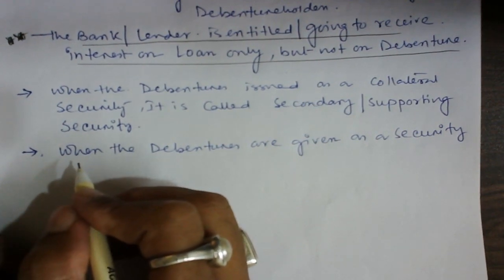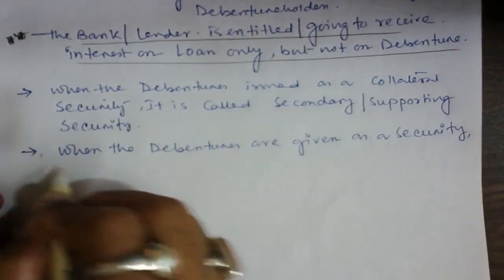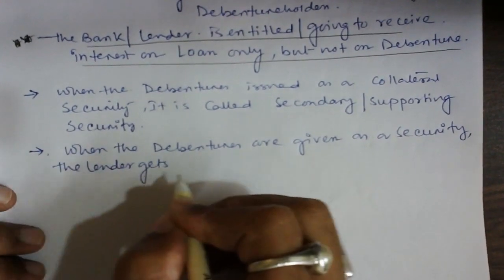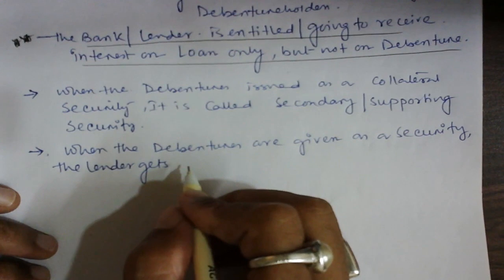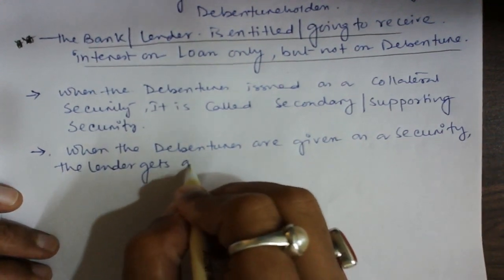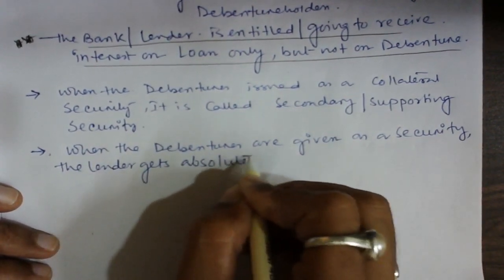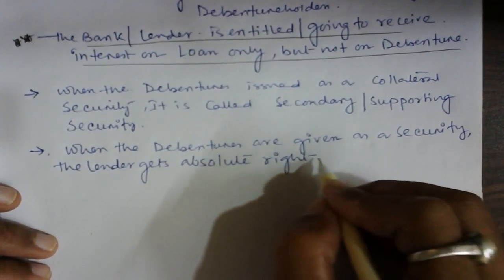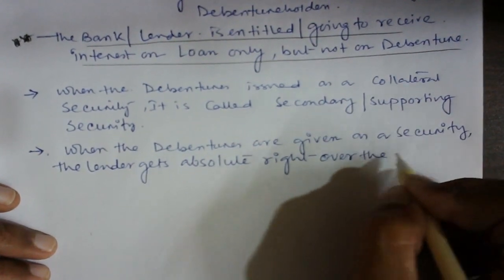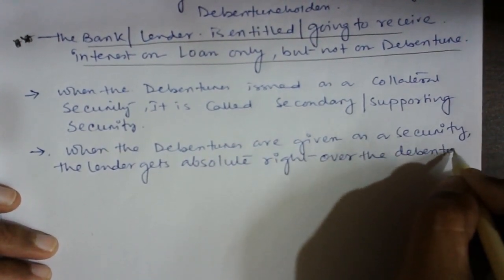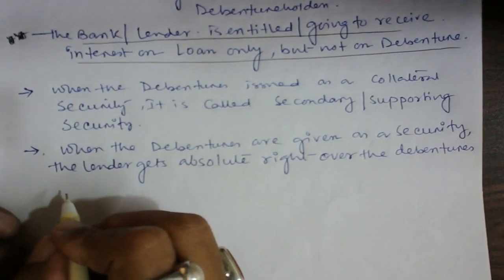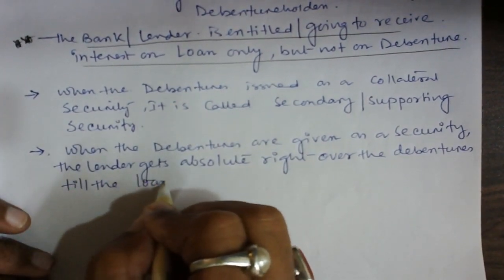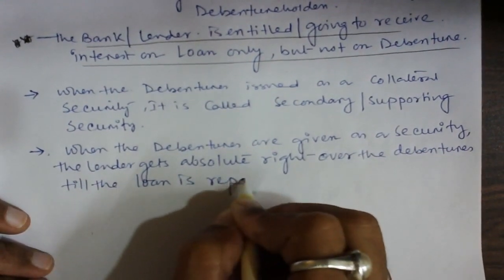When the debentures are given as a security, the lender gets absolute right over the debentures till the loan is repaid. That is what they are going to get.